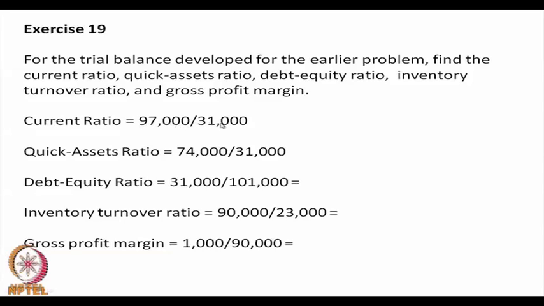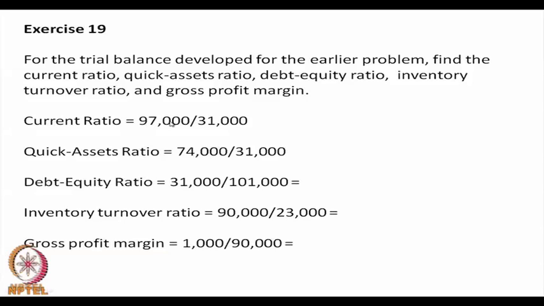So, this ratio, whatever the value comes as 3 point something, that is the current ratio. So, apparently the company is in a comfortable position as far as the liquidity is concerned.